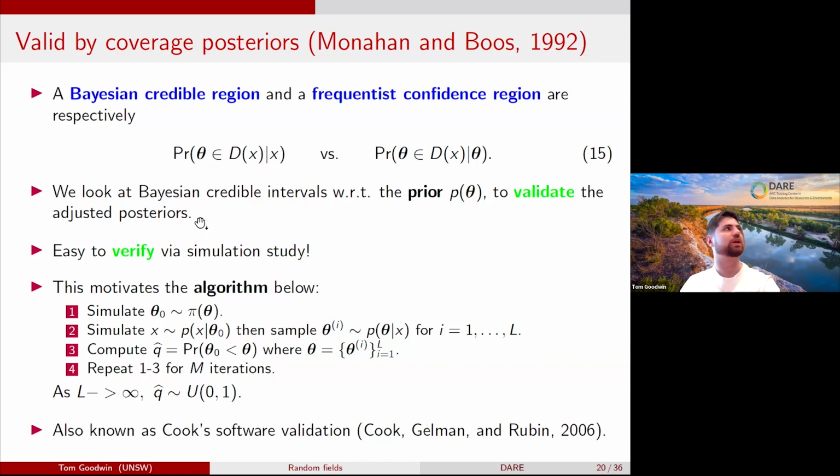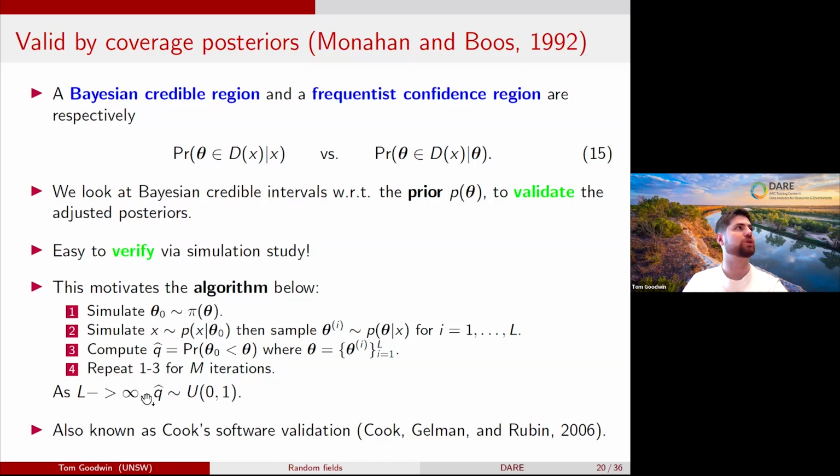And again, we can verify whether a posterior is valid by coverages, i.e. has proper uncertainty quantification, through this simple algorithm given by Monahan: you take the prior, simulate parameters from the prior, simulate data conditional on the parameters, sample the posterior given that simulated data set, and then compute the quantiles.